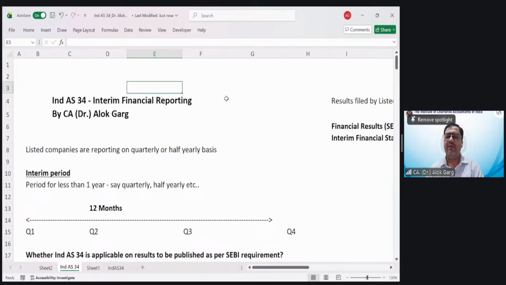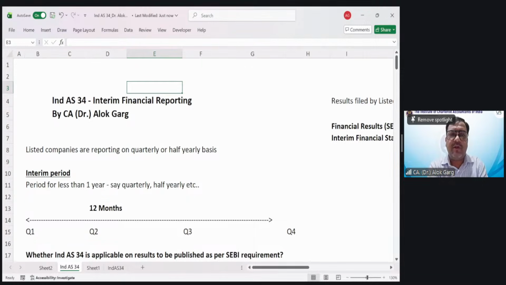First of all, as far as the title of the standard is concerned, it is talking about two aspects. Number one is interim, number two is financial reporting.